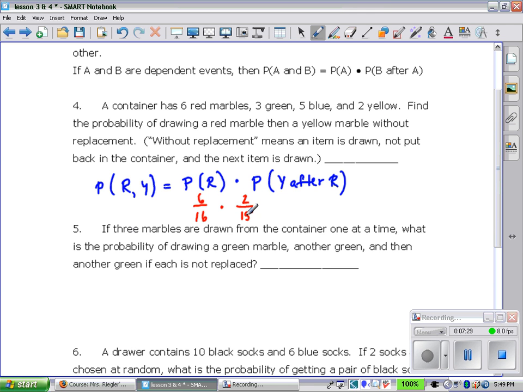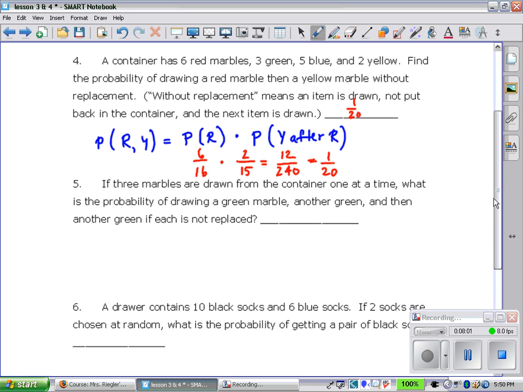So we have a 2 out of 15 chance of getting a yellow after we pull out that first marble. So we're going to multiply, and this is going to give us 12 over, I believe that is 240. Yep, 240. Simplify your fraction. We get 1 over 20. And so you have a 1 out of 20 chance of drawing a red, keeping it out, and then drawing a yellow.